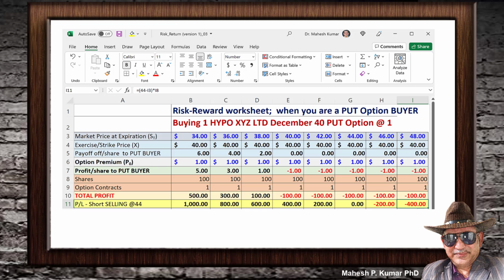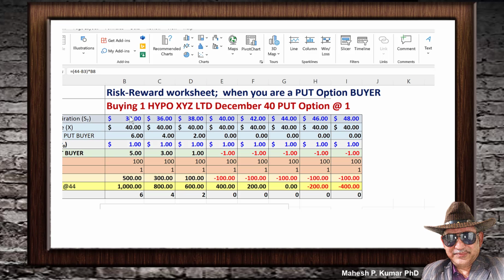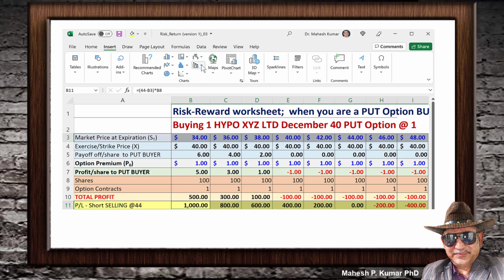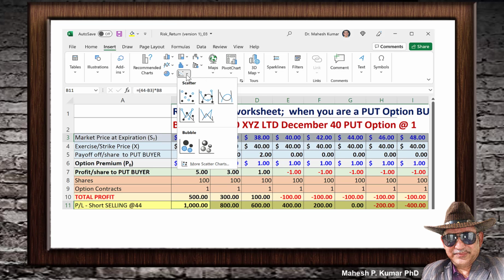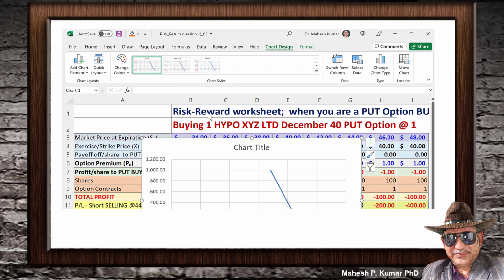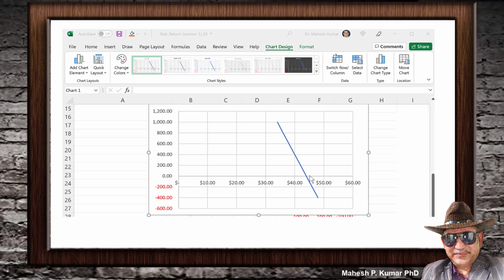So this one we can present in a separate graph. Let us select these two relevant rows and then go and draw this graph. So this is the graph that we have. This graph tells us the profit or loss when you short the stock at $44 each and later buy the stock.